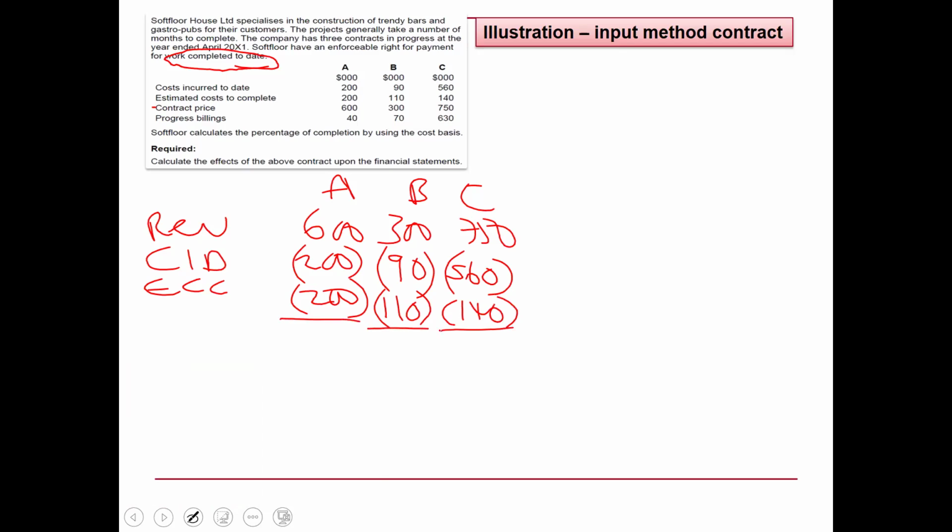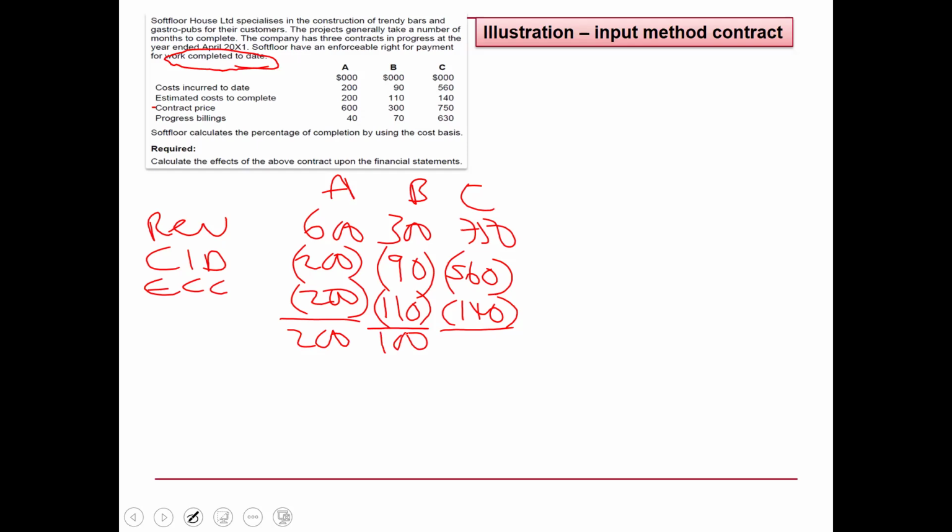As far as project A is concerned, we're expecting 600 after spending 200 plus 200. So we're expecting 600 after spending 400, which means the profit we are going to be making from this project is 200. Then for B, we have spent 90 and expect to incur 110, which gives us 200, so we're going to get a profit of 100.